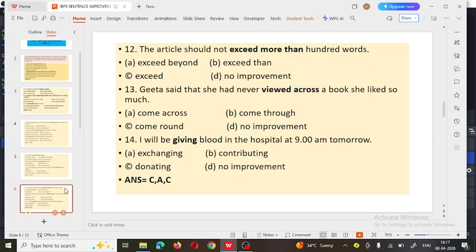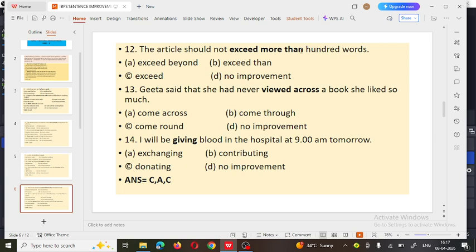Next. The article should not exceed more than 100 words. Here, the bold part is exceed more than.